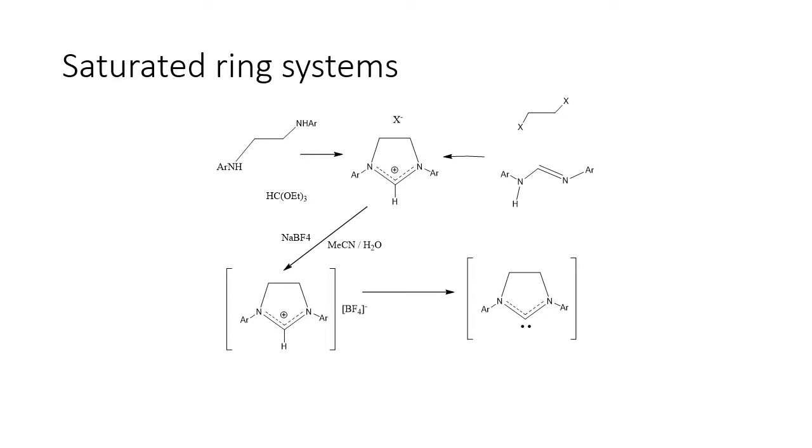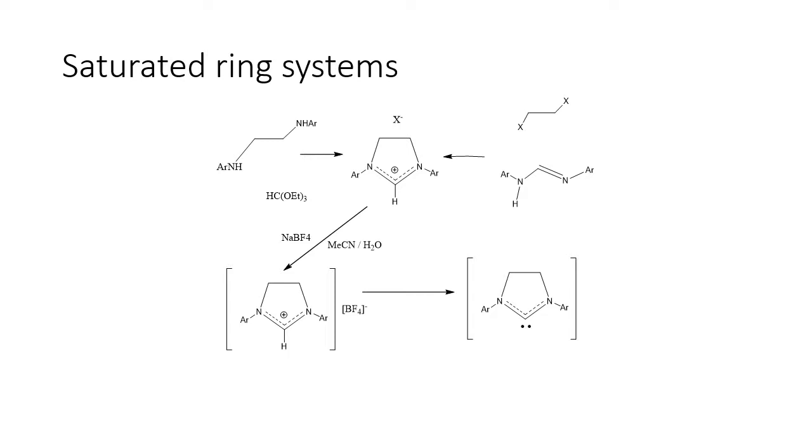Here is a saturated ring system, and that also is readily accessible from a diamine. And here I have shown you two ways by which you can prepare this N-Heterocyclic carbene, which is a saturated version and which is an extremely good electron donor.